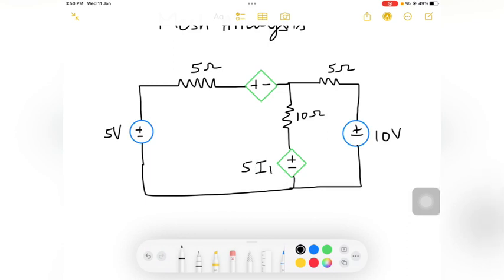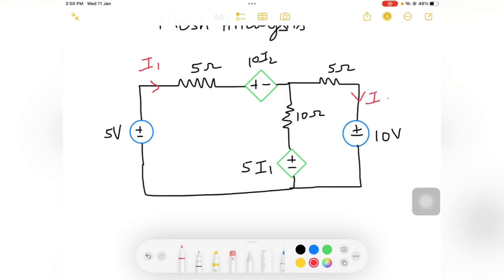So this is a voltage source which depends upon the current, a current dependent voltage source. Here also we have a similar current dependent voltage source. This depends upon the current I1, this depends on the current I2, and in the circuit they are given as branch currents. So let us take this as branch current I1. Don't get confused between the branch current and the loop current.